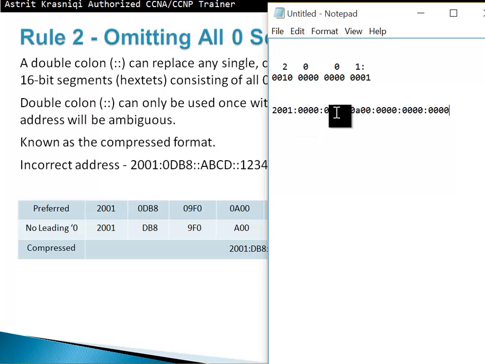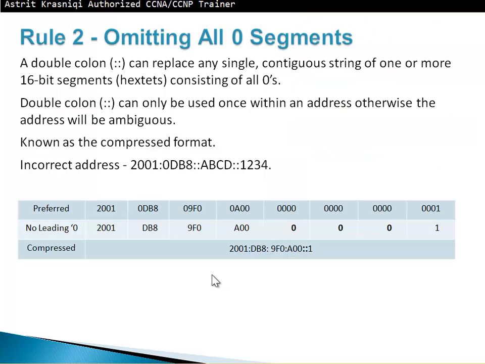So 1, 2, 3, 4, 5, 6, 7 and 8, right? Now it's important that you can either compress these contiguous zeros with a double colon, or these zeros with a double colon. You can't do both. So it's an error if you do 2001::A00::1. That's not correct. You either put the double colon on this side, or on the right. The double colon cannot be used twice.